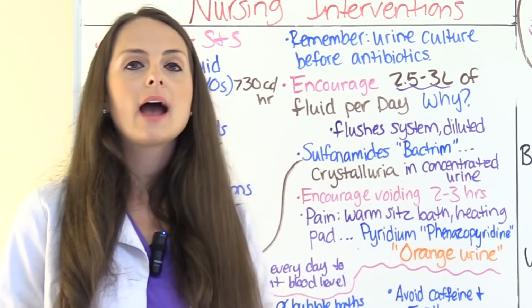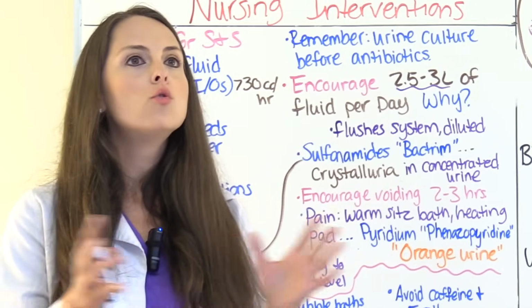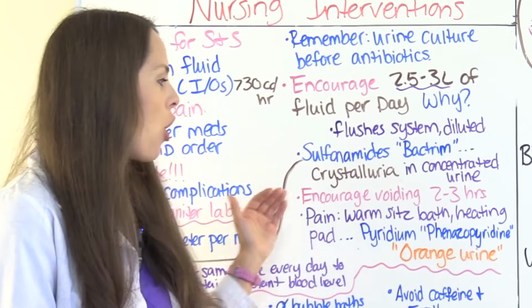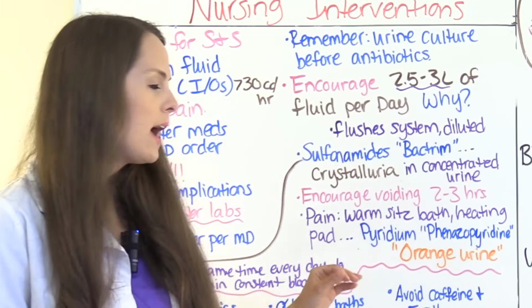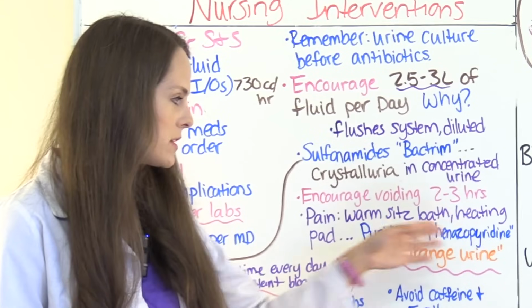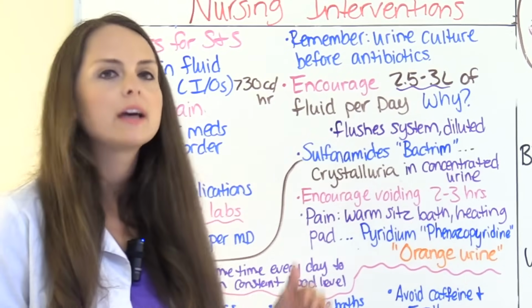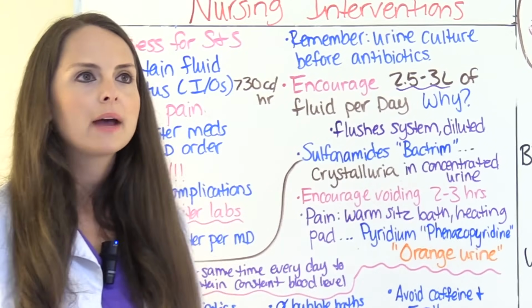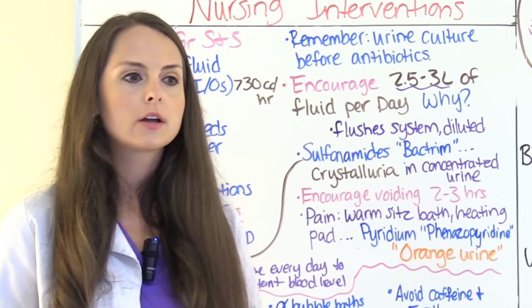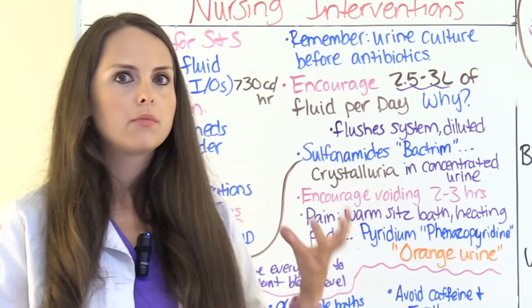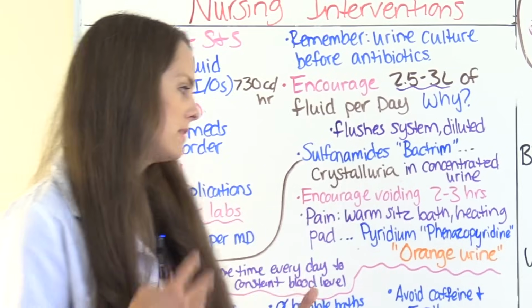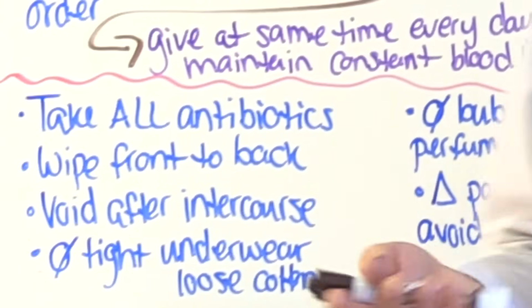But one thing you have to watch with this, and it's a normal side effect, is the orange colored urine. It's almost the same color as what this marker looks like. It can be a little reddish tint, but this tends to alarm patients whenever they go to void in the commode because it's just this really bright orange. So that is a normal side effect, and if you see that as a nurse, know that it's normal.